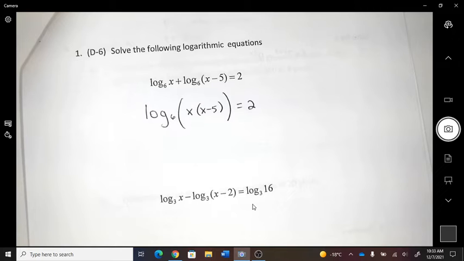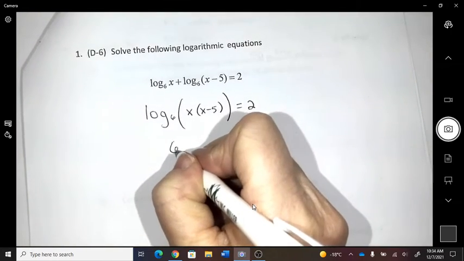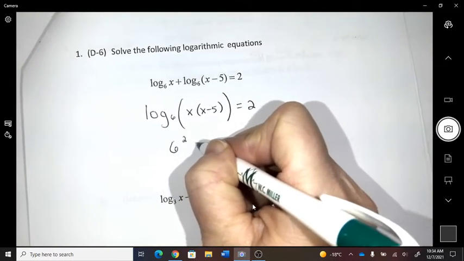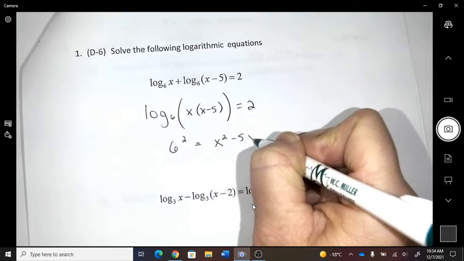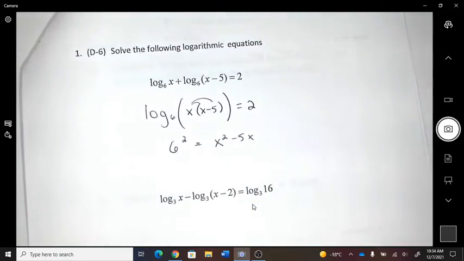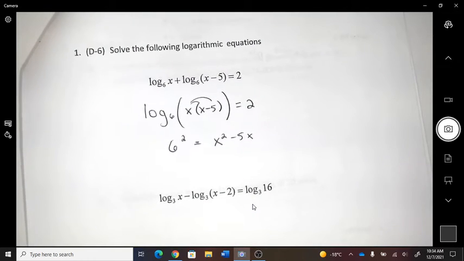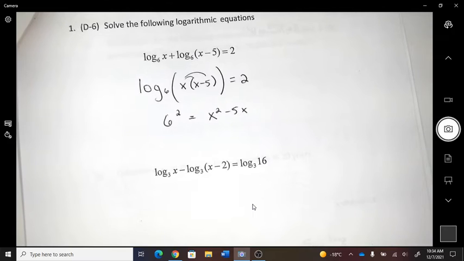Okay, now what? Should we turn the log form into exponent form? Does that make sense? So the base is 6 to the 2 equals a result. And then I just distributed that multiplier.